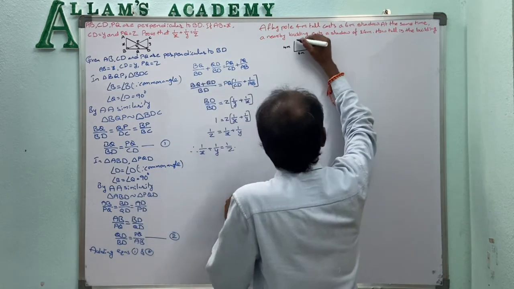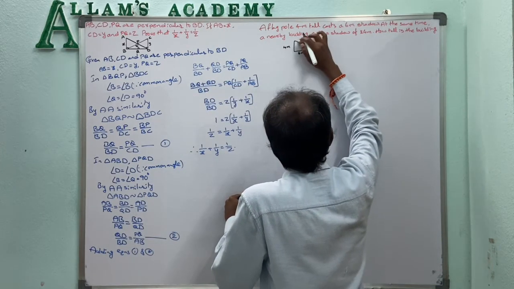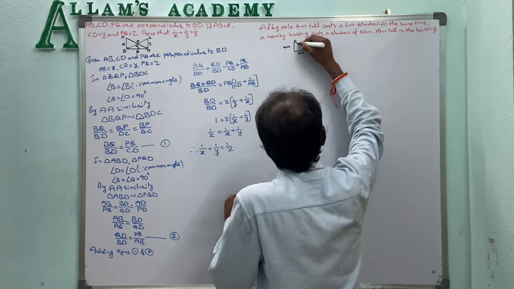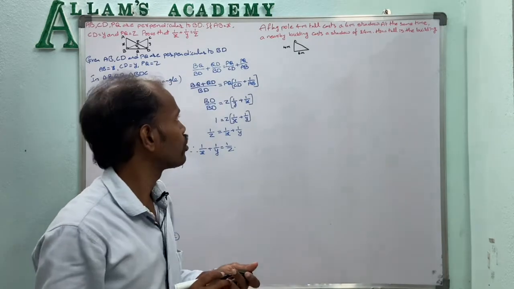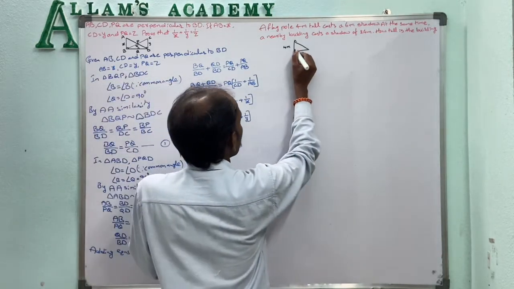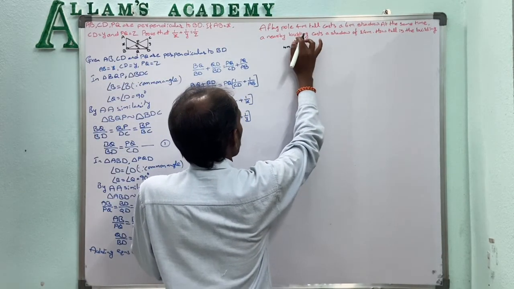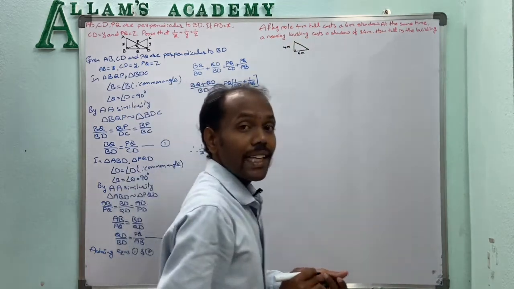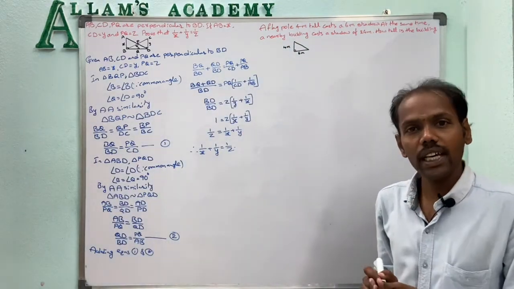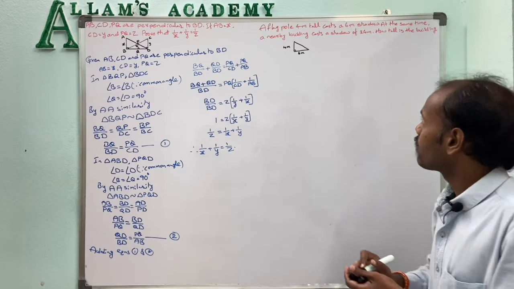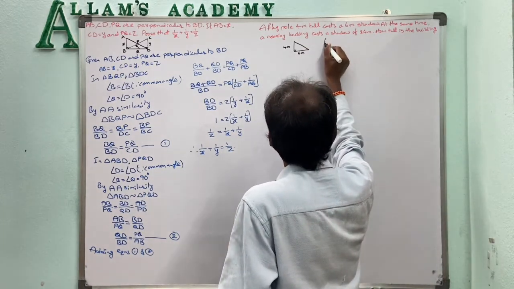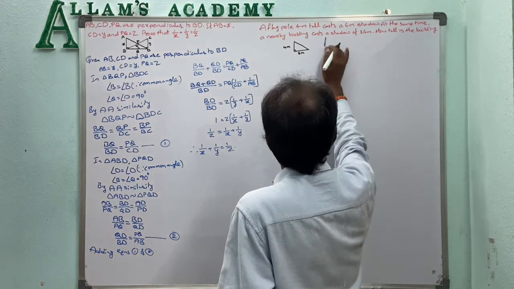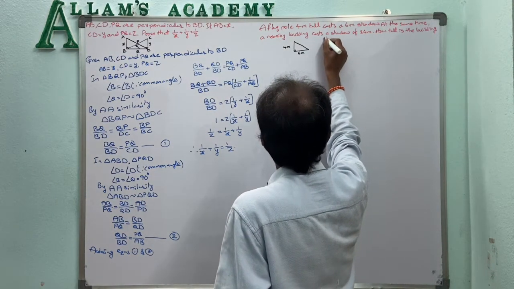Now the edges will be joined. So the flagpole stands at 90 degrees from the base. At the same time, a building is given, and that building's shadow casts 24 meters.